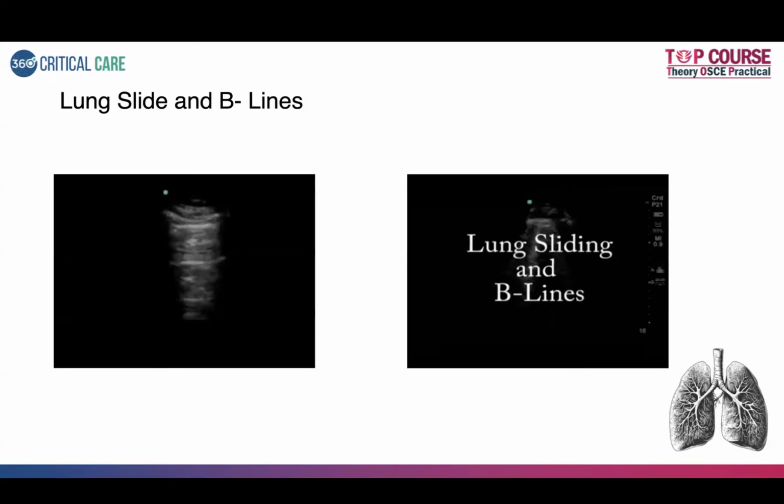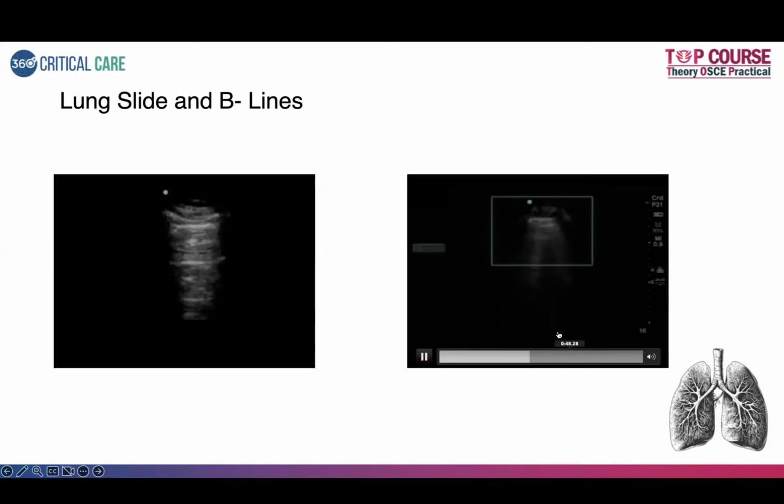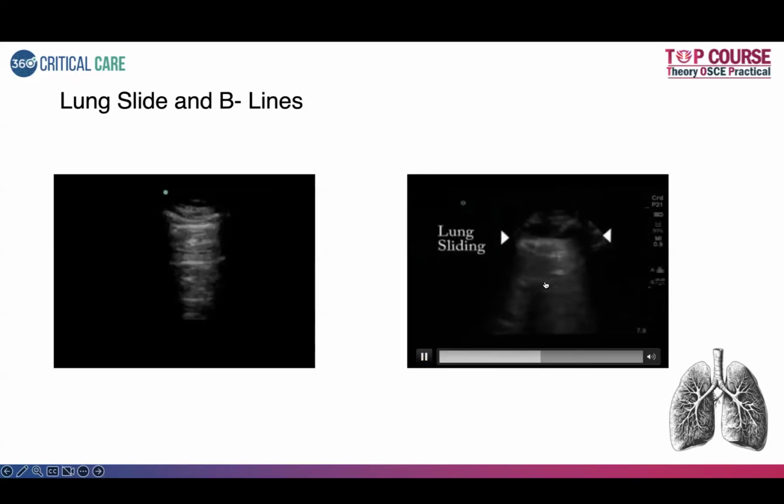So in that scenario, if you are able to see B lines or even mild lung sliding, then it rules out a pneumothorax. Here you can see the presence of B lines. I hope most of you do ultrasound on a regular basis, so you would know about all these findings.